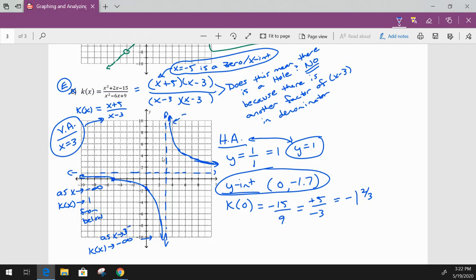This one up here, as x is approaching 3 from the right, your function k of x is approaching positive infinity. And last branch over here, as x approaches positive infinity, your function k of x is approaching a y value of 1.